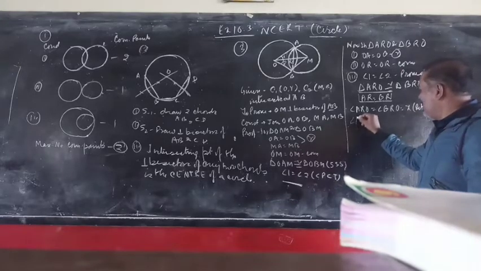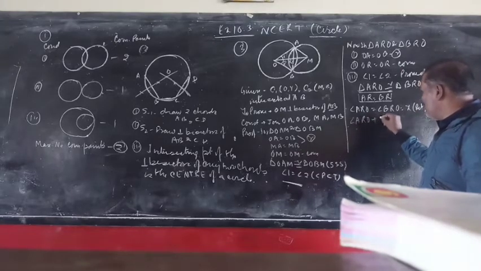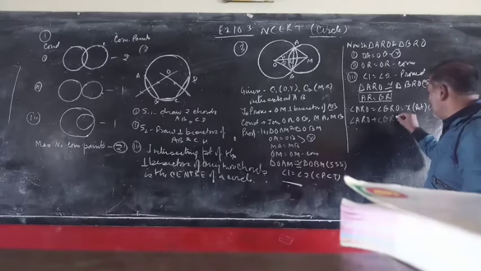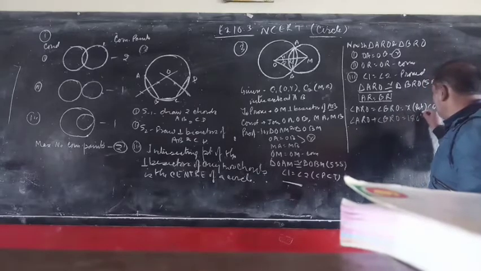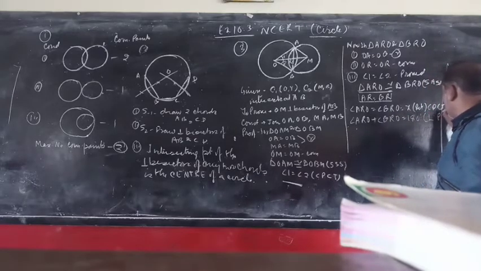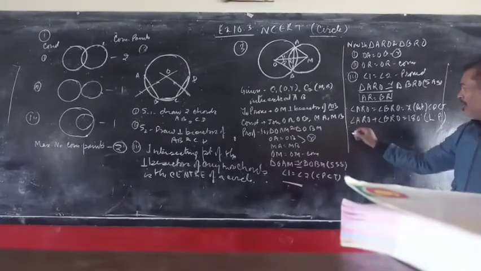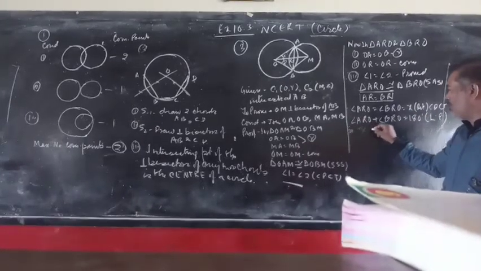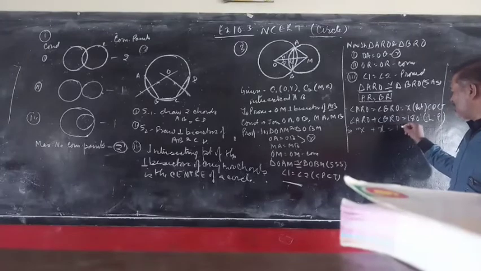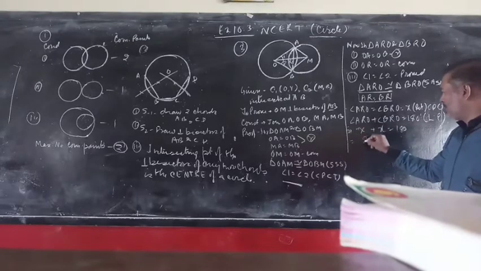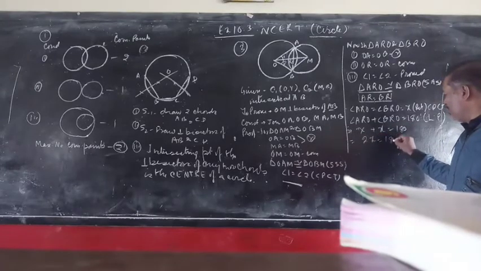Now angle ARO plus angle BRO is equal to 180 degrees. Why, children? Linear pair. Both angles are equal and I assume this is equal to X. So 2X is equal to 180, X is equal to 90.